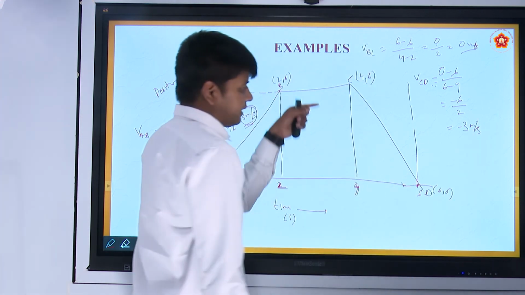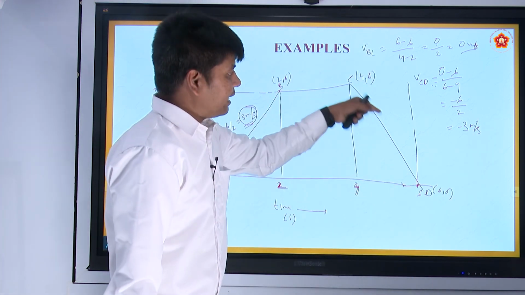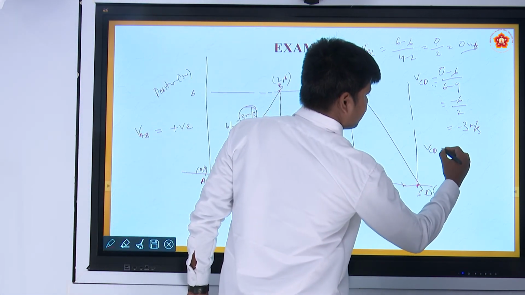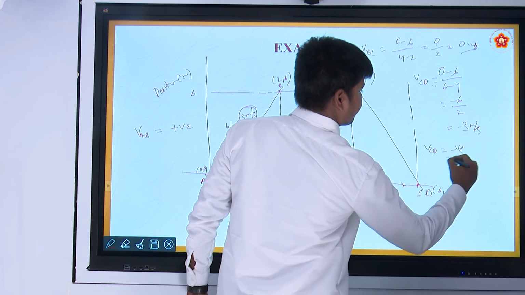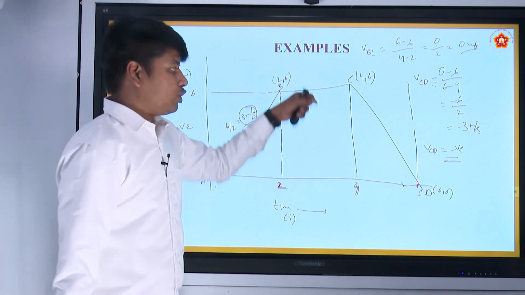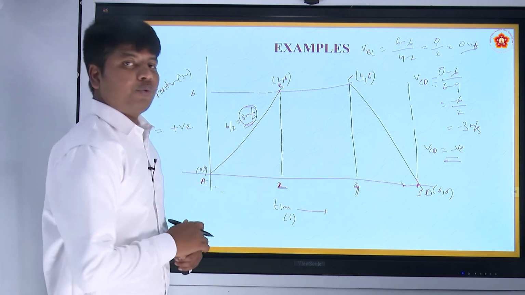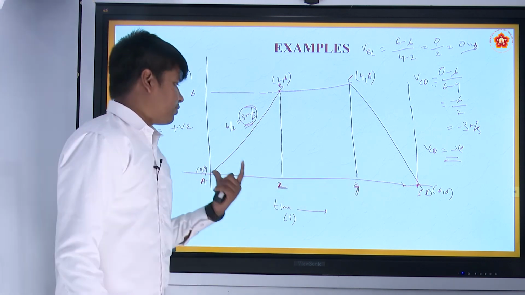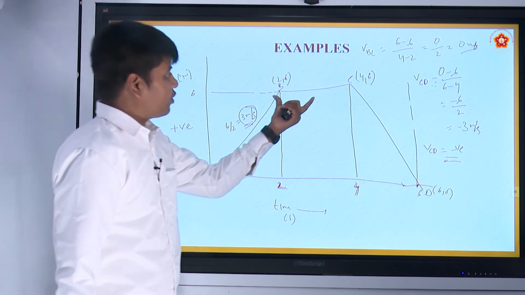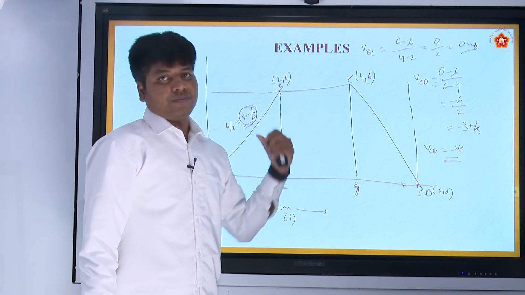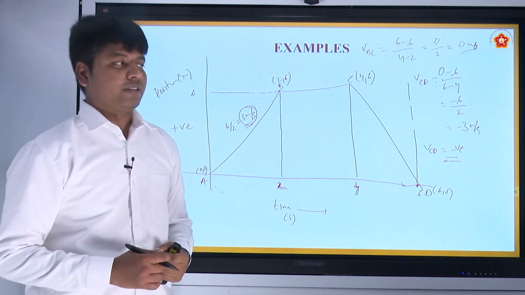The slope is negative in the section CD. It is coming towards its original position. So this is how you can see in what region velocity is positive, in what region velocity is negative, and in what region velocity is 0. It is not changing its position.